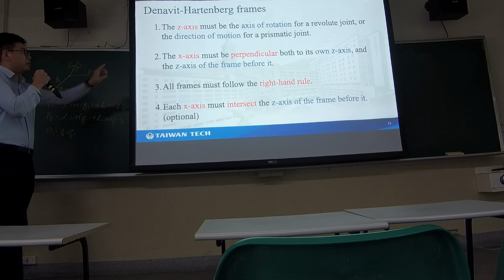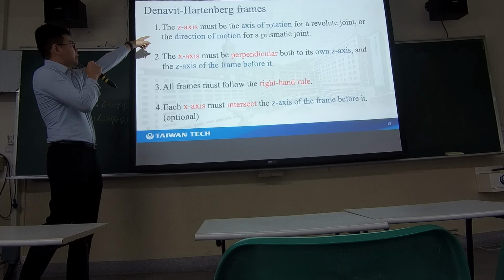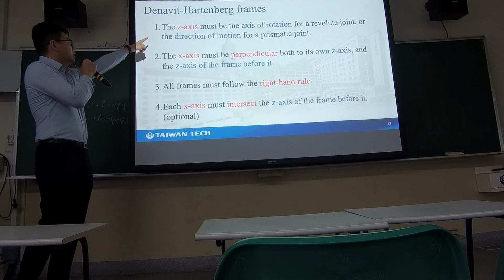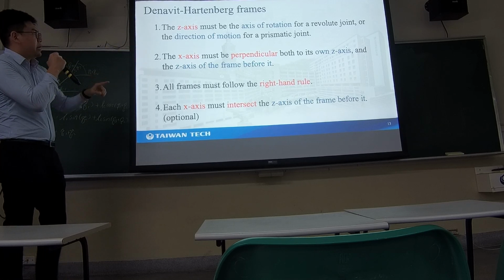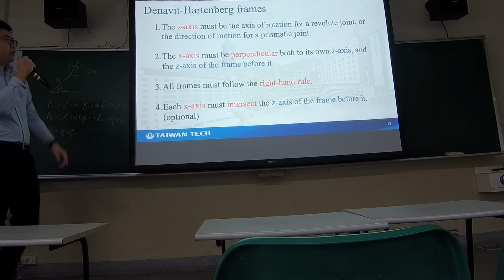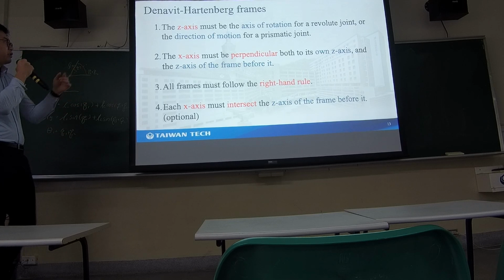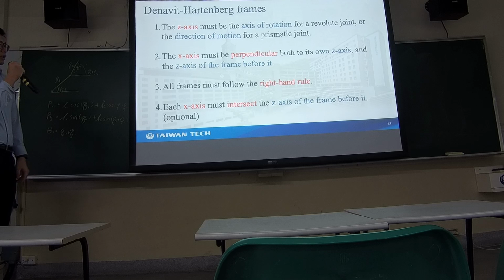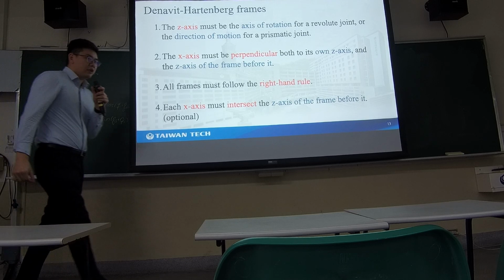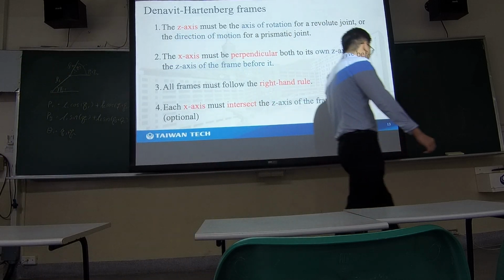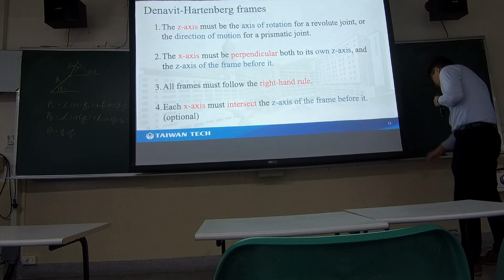So the first rule of the Denavit-Hartenberg frame is that the z-axis must be the axis of rotation for a revolute joint, or the direction of motion for a prismatic joint. For the first one, I think most of you have already been taught last week.